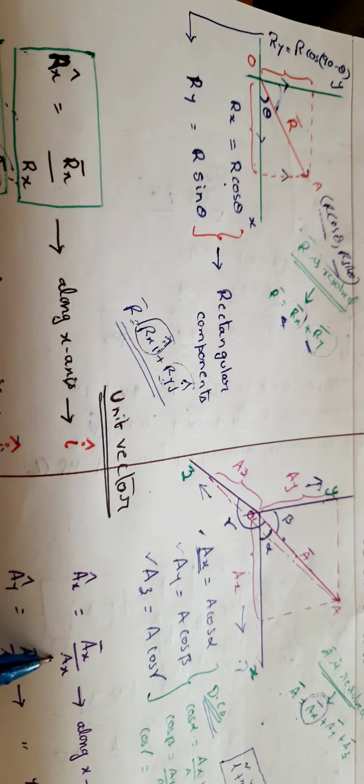Now in the previous case, when I said it is components, what is provided here? Theta is provided here. So when theta is given to you, you are resolving it into r cos theta and r cos of 90 minus theta, which is r sin theta.